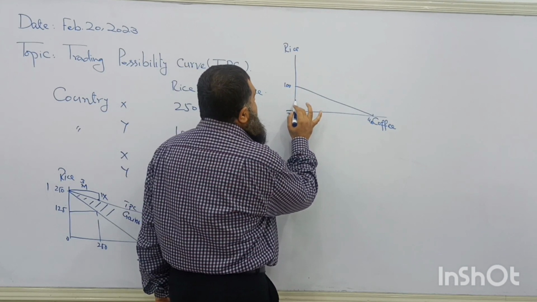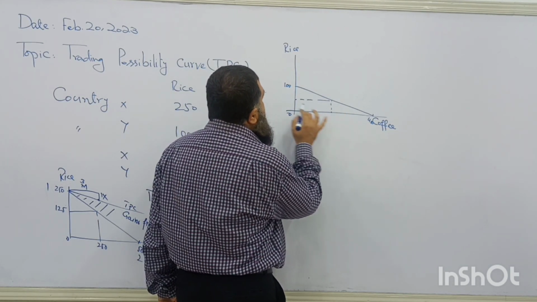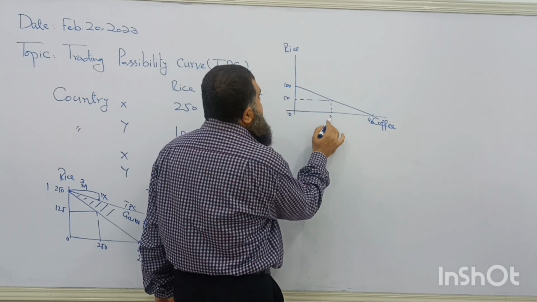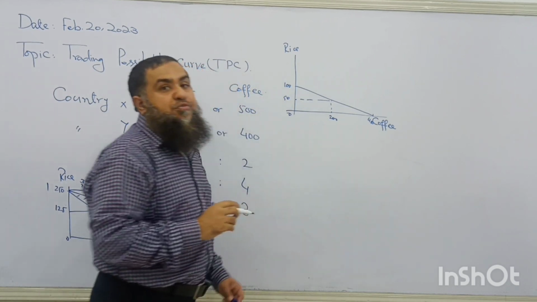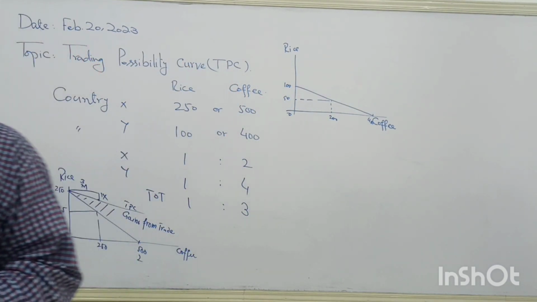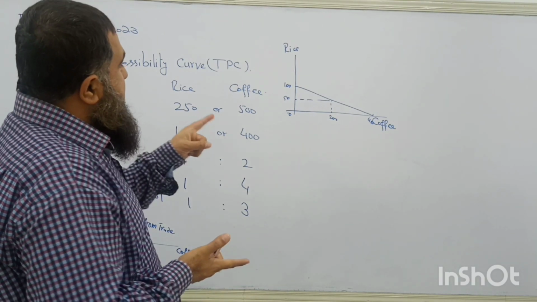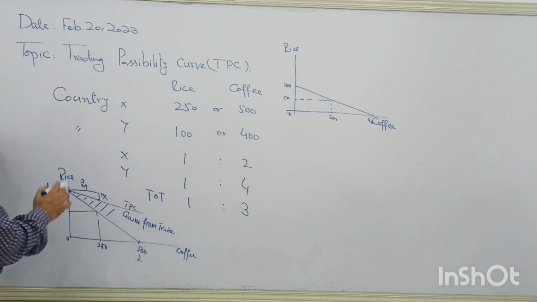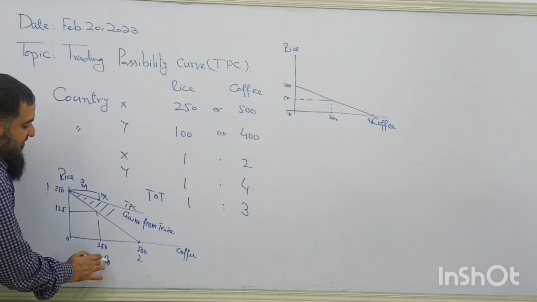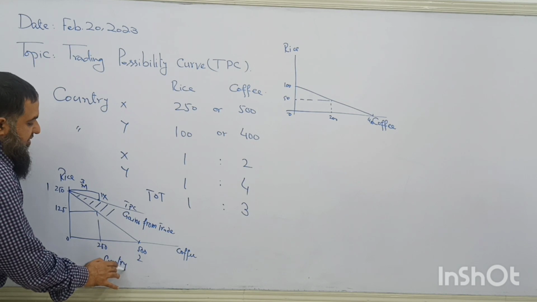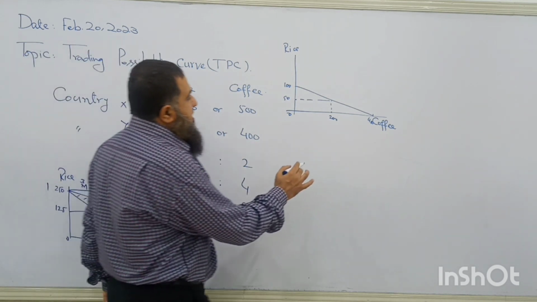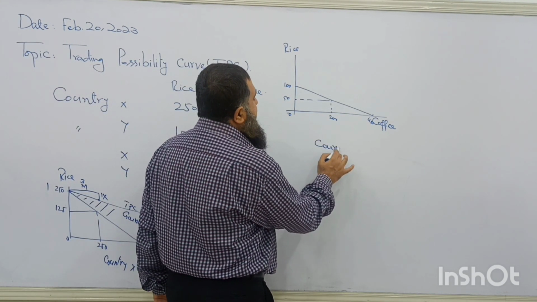So if half of the resources are allocated by this country, this much output of the 2 goods will be produced and it will remain along its PPC. Clear? This is country X and this is country Y.